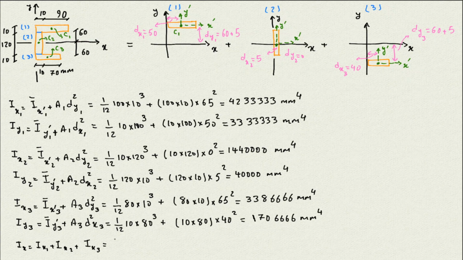This is going to come out as 905.9999, and the Iy is going to be Iy1 plus Iy2 plus the third one, which would come out at 507.9999 millimeter. So this is how we do the calculation.